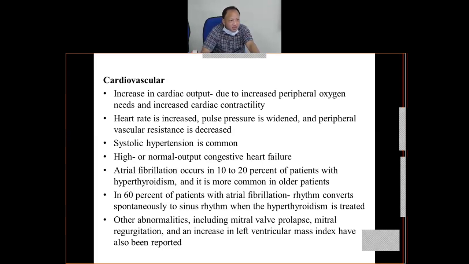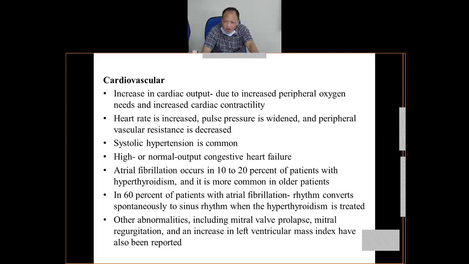Atrial fibrillation occurs in 10 to 20% of patients, and it is more common in older individuals. In 60% of the patients with atrial fibrillation, the rhythm converts back to normal on treatment. The other abnormalities that you can get are important, because they are not always discussed or given in all books.